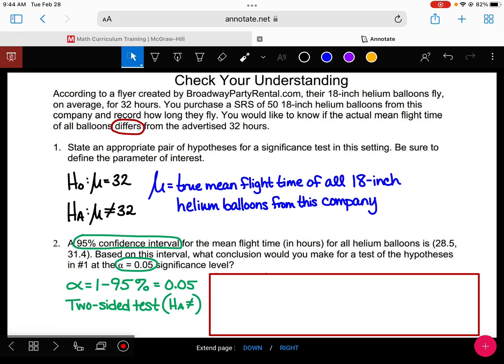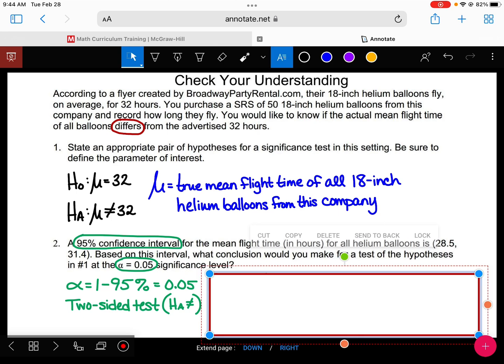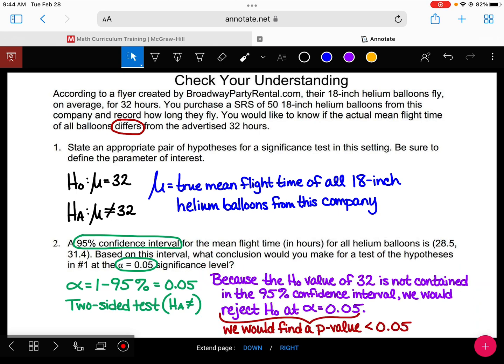So in part 2, here's my interval, 28.5 to 31.4. Do we reject? Reject. Why? Because it's not in the interval. Because the null value of 32 is not contained in the 95% confidence interval, we would reject the null at the alpha equals 0.05 level. We'd find a p-value, if we did a significance test here, of less than 0.05.